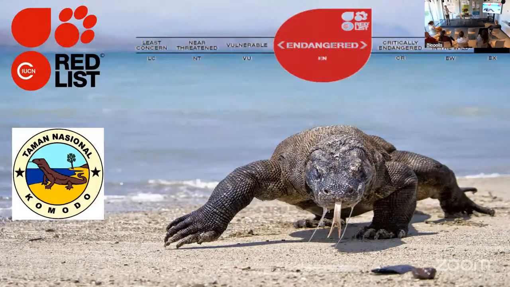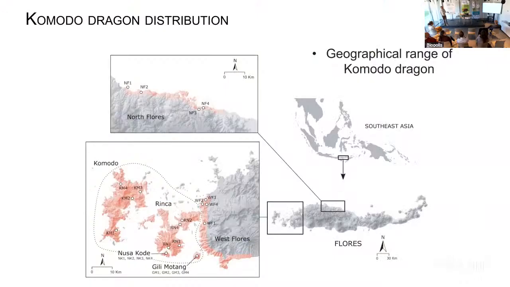Last but not least, our Komodo dragon, the species that Claudio has been studying for more than 20 years, and I'm taking on with the genomic part. I will just spend the last 2 minutes on this point.